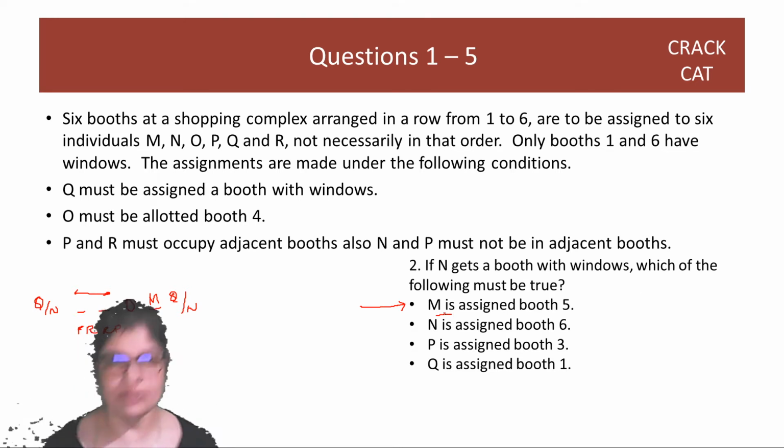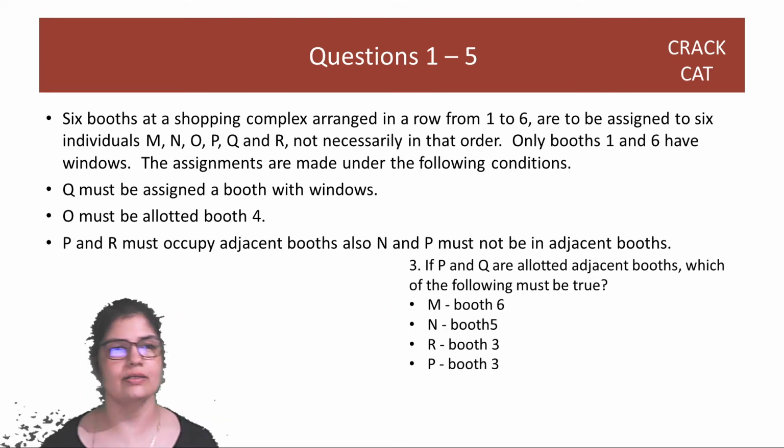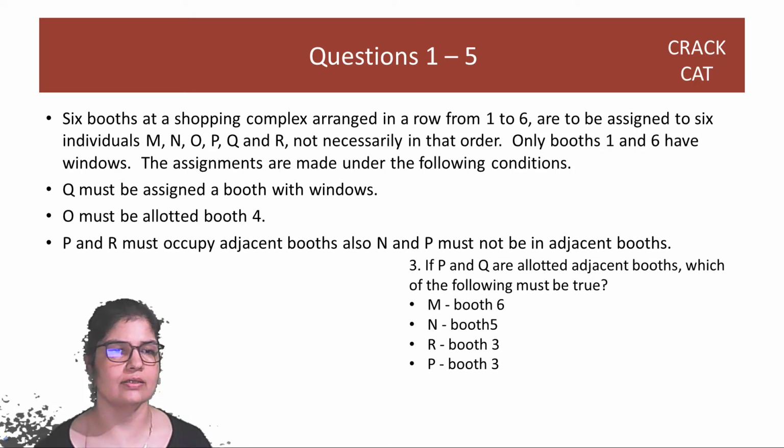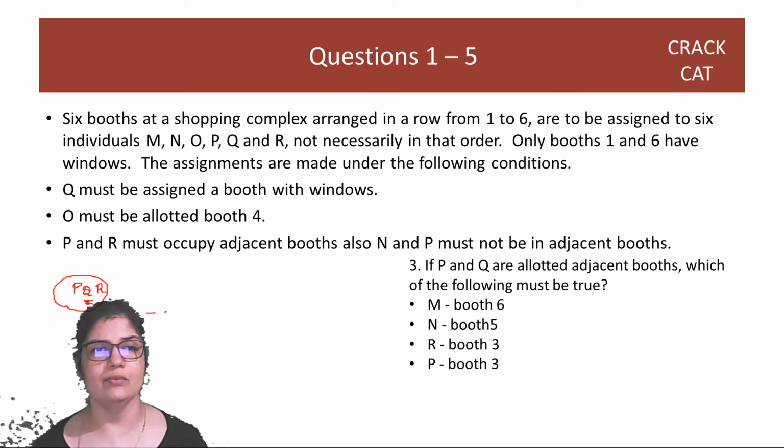So once you focus on the 2 together, you can see that this is not a difficult set at all, right? Now let's look at the third question. P and Q are allotted adjacent booths. So now P, Q and R come together, out of which Q must take the window. So 3 places together, where can they come in this scenario?